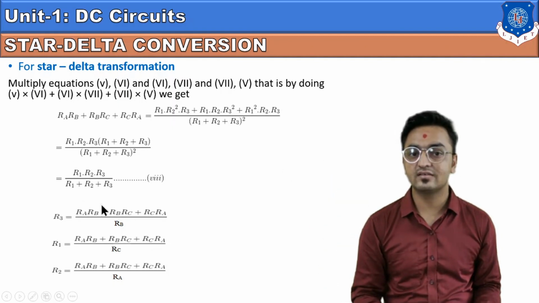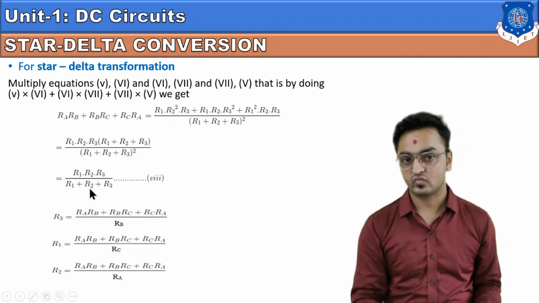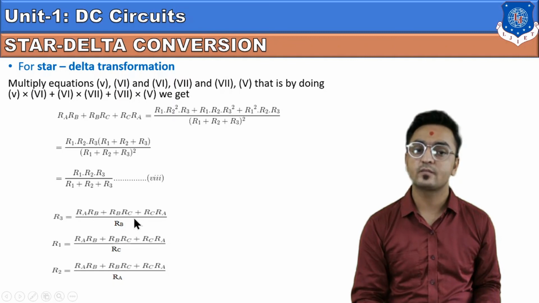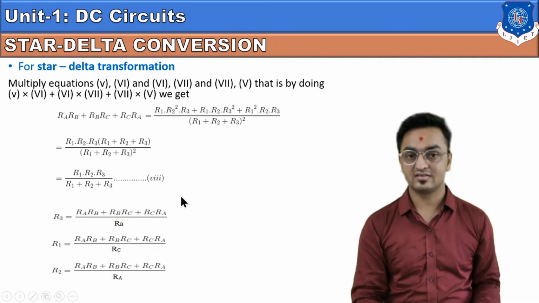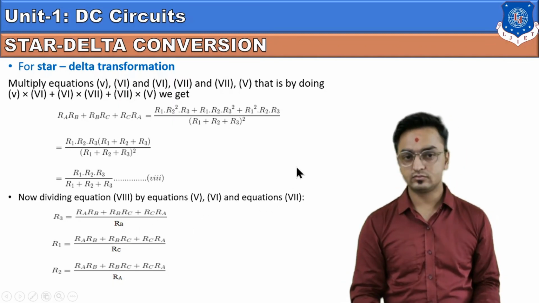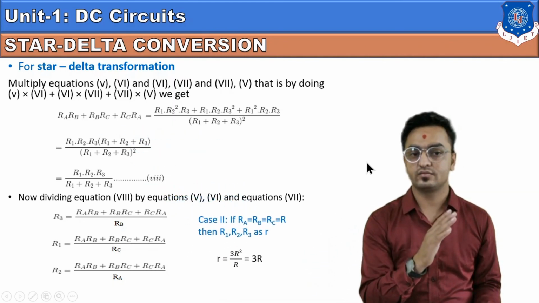So you can replace this term by Ra and put it in division on the left hand side. So we will have R3 is equal to Ra into Rb plus Rb into Rc plus Rc into Ra divided by Ra. In a similar way you can derive R1 and R2. So this was the star to delta connection.